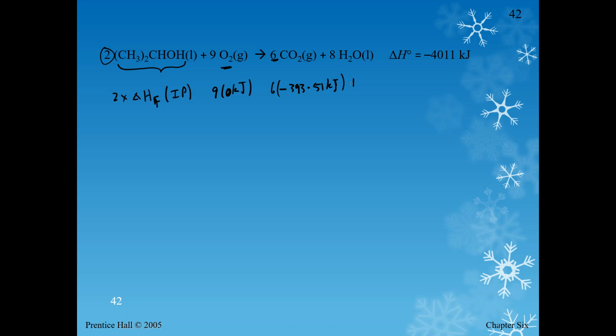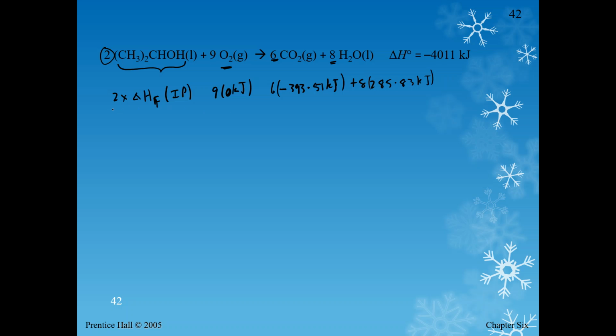And then finally, in the case of water, I have to search for the value for water. Okay, for water, let me check the state, liquid, okay. So for water, the value is 285.83 kilojoules. And because of the 8 here, we have to multiply this by 8, right?